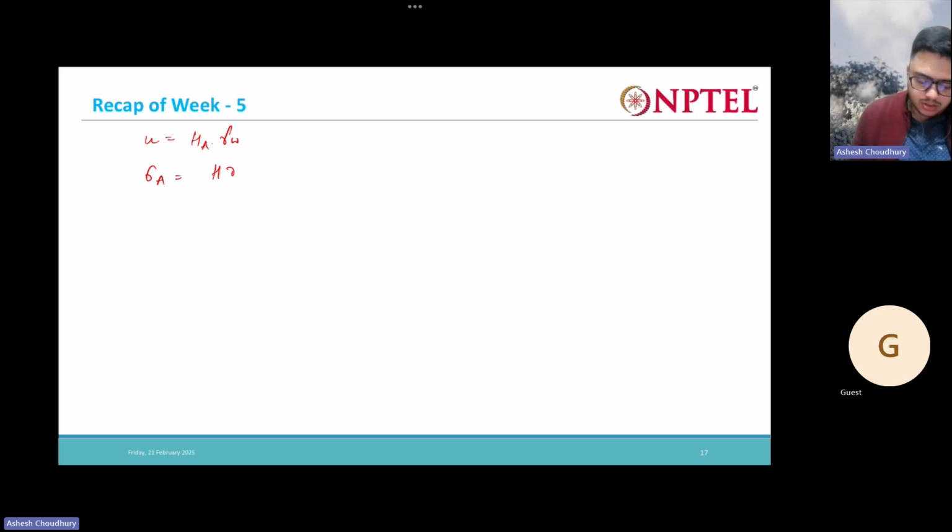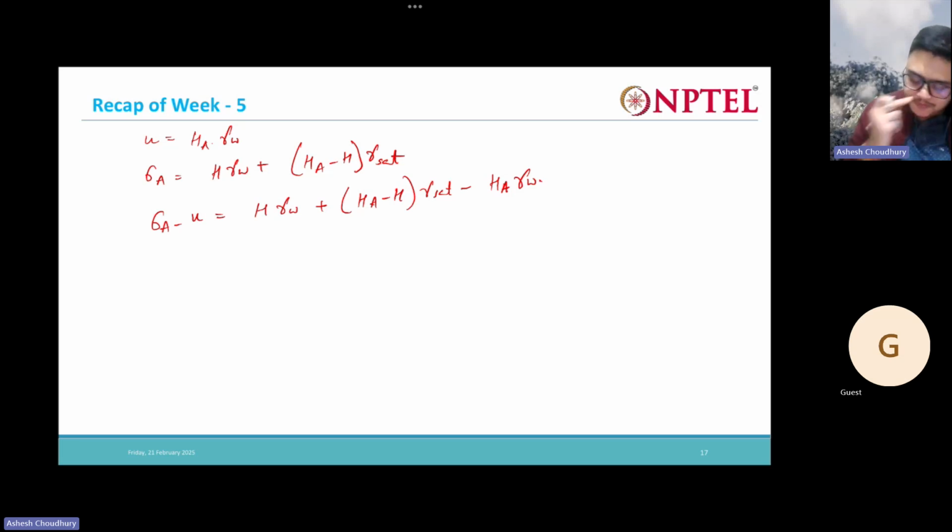H into gamma W plus HA minus H times gamma Z. The effective stress is total stress minus u, which is H into gamma W plus HA minus H gamma Z minus HA times gamma W. So this will come out as HA minus H times gamma Z minus gamma W.